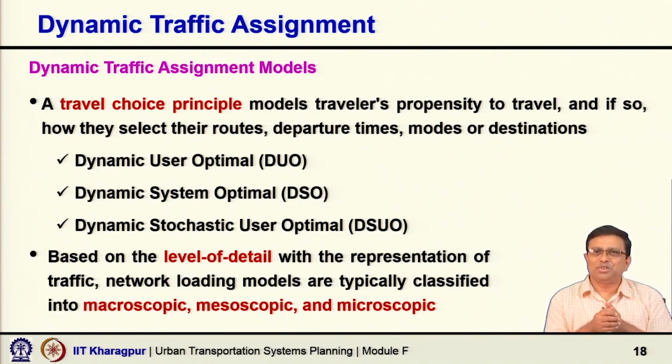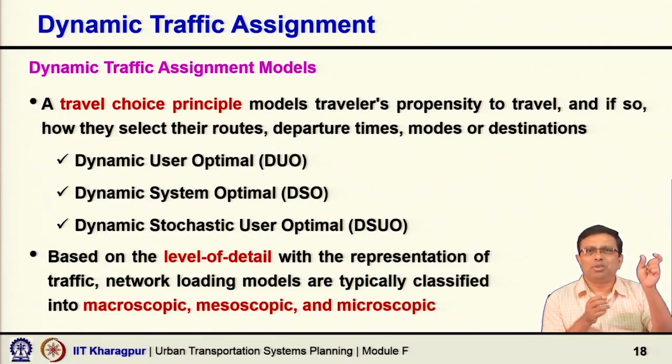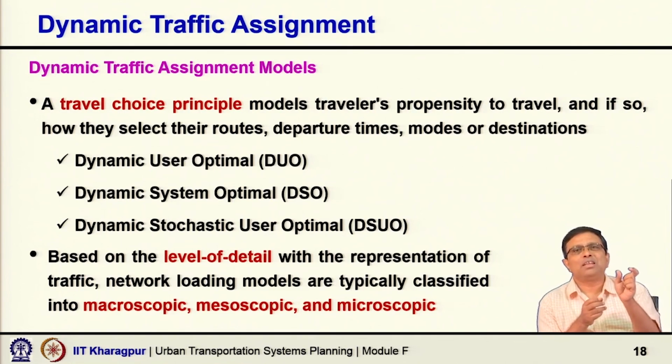Stochastic user optimal, or SUE as we say, is all the same, equilibrium or optimal. Here one more term gets added, because I am also considering the time dynamics. So it is not only stochastic user equilibrium, but dynamic stochastic user optimal.